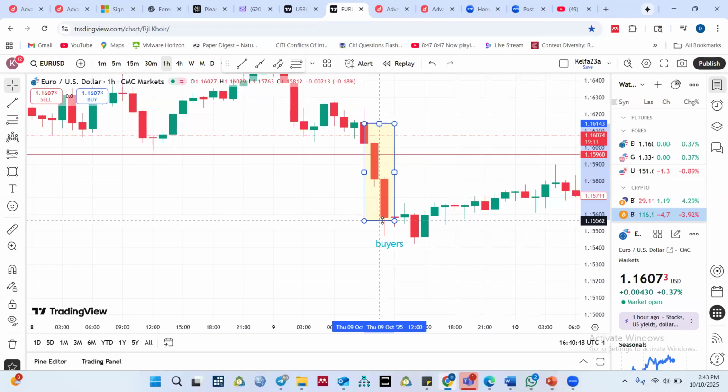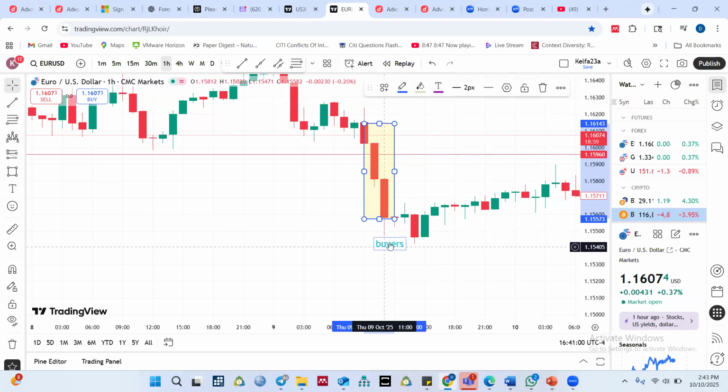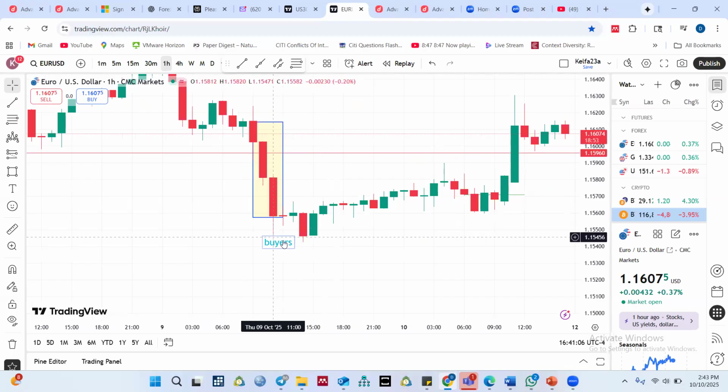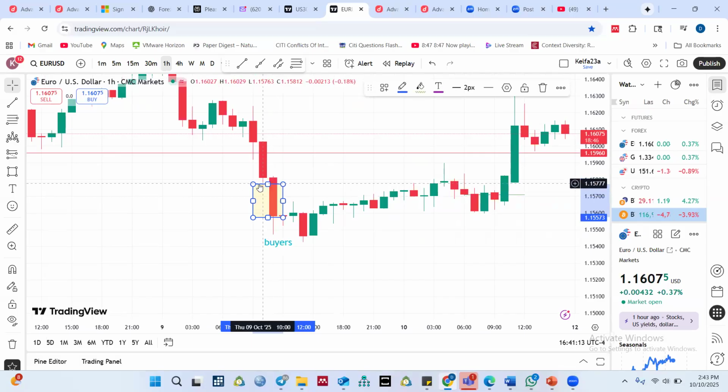This is a 1 hour chart. Then it hits here. Frank enters the market with $1 million. Boom. Then it rejects. It means that there are people with huge volumes of money here, buyers here. For us to know that the buyers are really going to stand, one of the things we can use to characterize them is the engulfing.